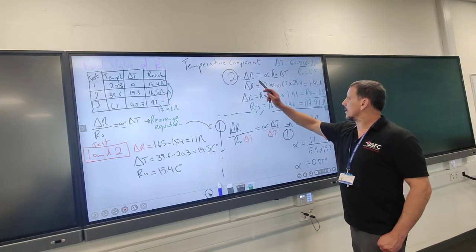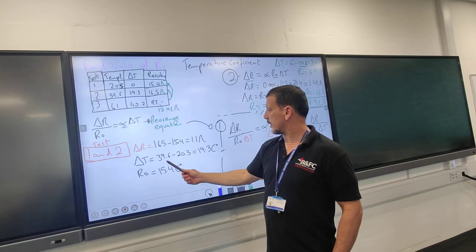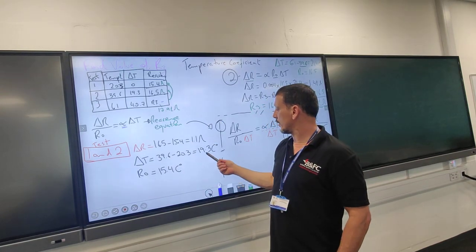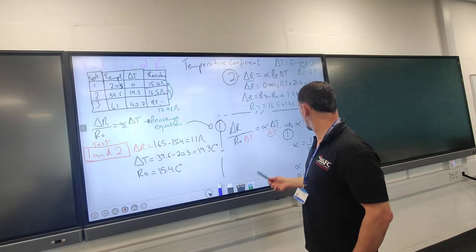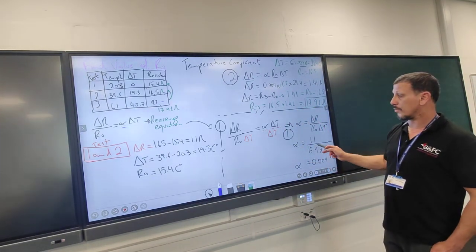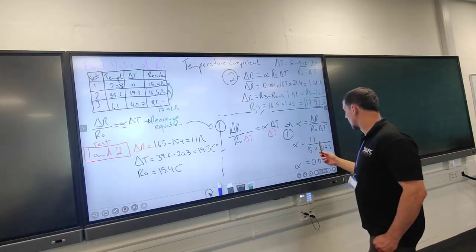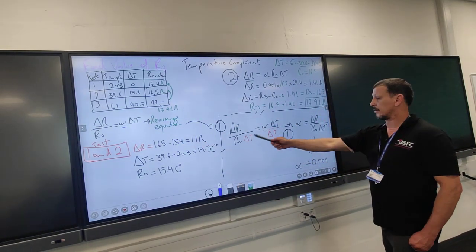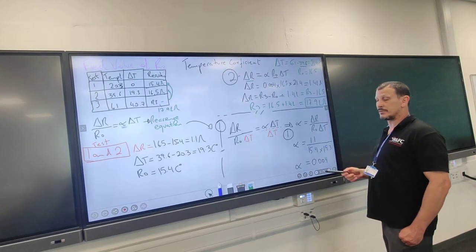So we've worked out here, the change in temperature for between 1 and 2 is 39.6 minus 20.3 equals 19.3, and the initial resistance 15.4. We put that into the equation, so we have the change in resistance is 1.1, which is 16.5 minus 15.4, divided by the initial resistance times the difference in temperature.